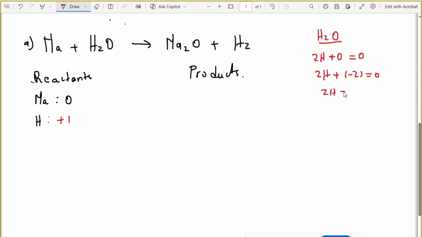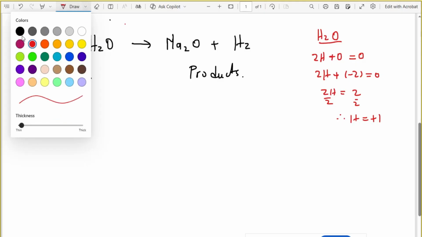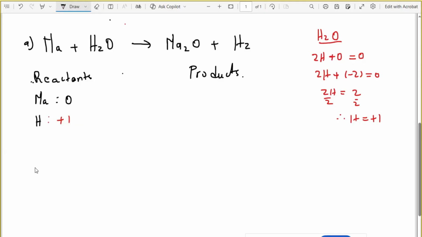The 2 comes to the other side, divide by 2, therefore H is just plus 1. You understand how we got that, right? Now the last one is the oxygen. The oxygen is combined, so it's always minus 2, right?